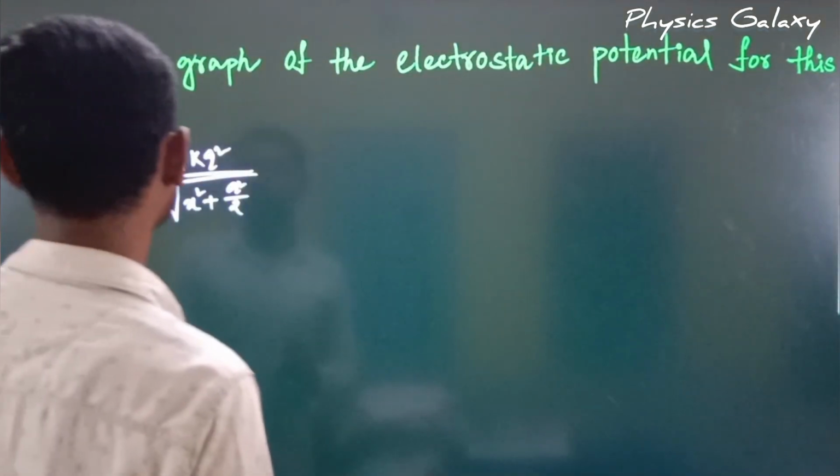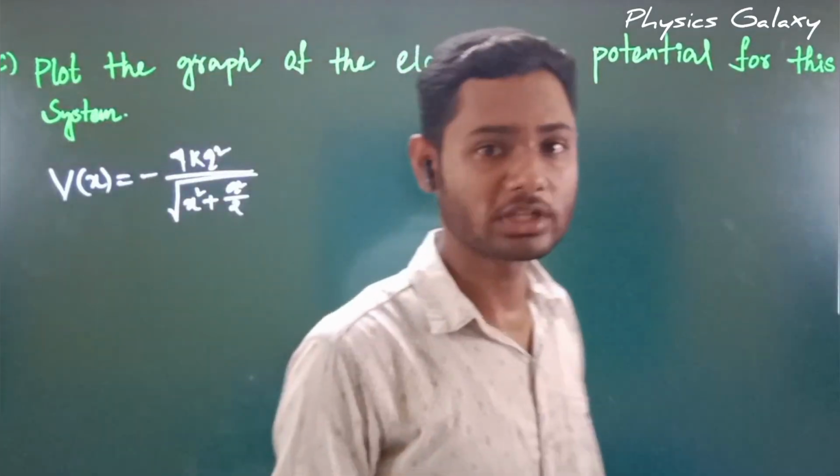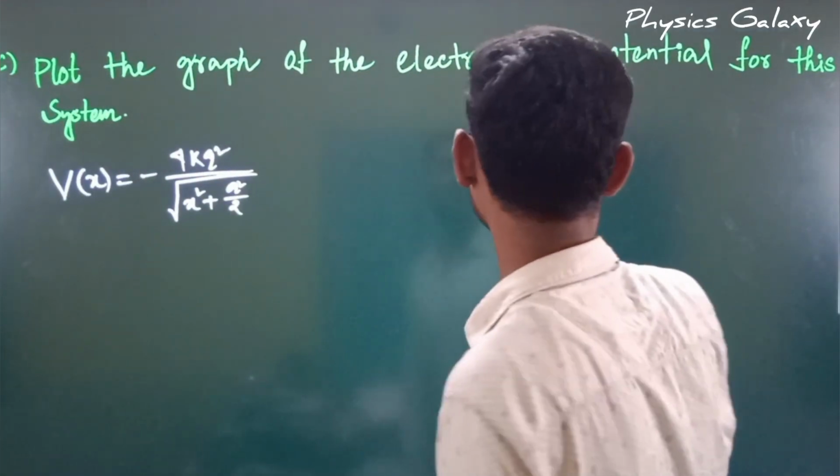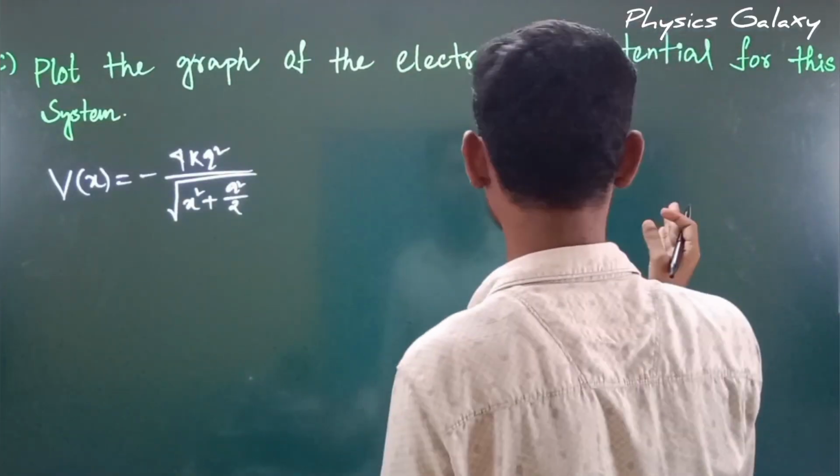So this was the potential energy we have, and I have to plot the graph of the electrostatic potential energy for this system.